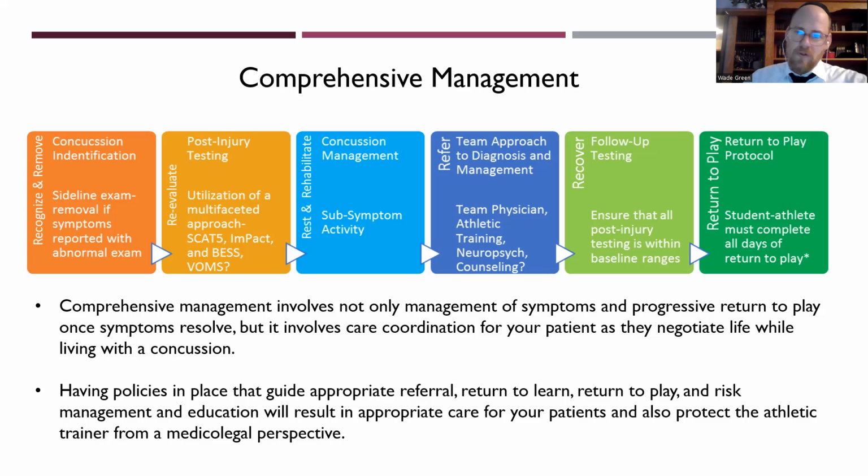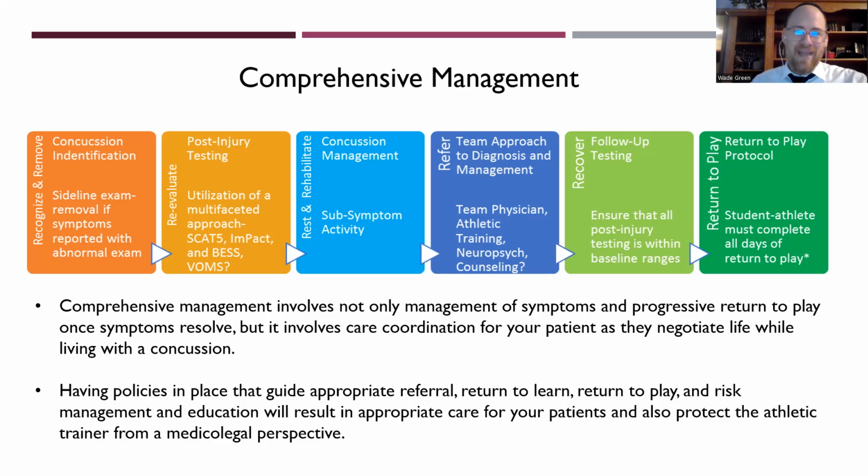So it's our job to help people coordinate care as they attempt to negotiate life while recovering from a concussion. It's really important to have policies in place that guide appropriate referral, so a concussion management plan. And also touching on areas like return to learn, which we'll discuss, asking the question, in what manner and when is it safe for someone with a concussion to return to the classroom?